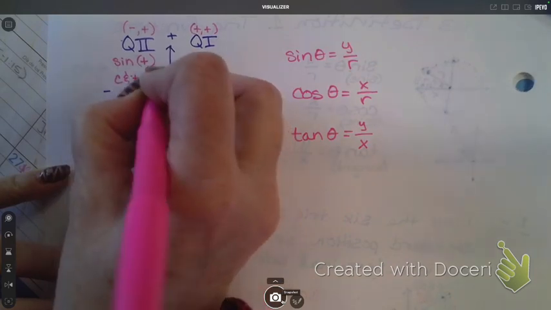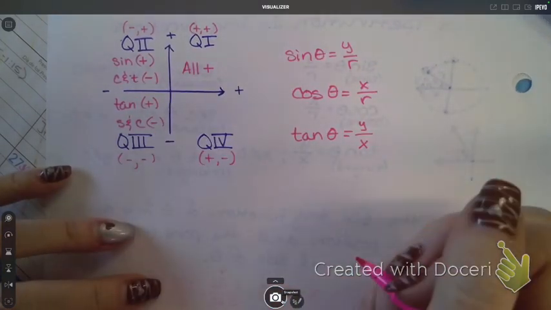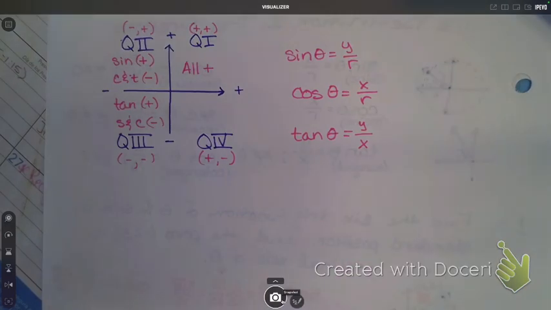I'll put the parentheses around it. So if you remember what's positive in that quadrant, isn't everything else what? Negative. And again, I'm not talking about the reciprocals because the reciprocal follows their match.